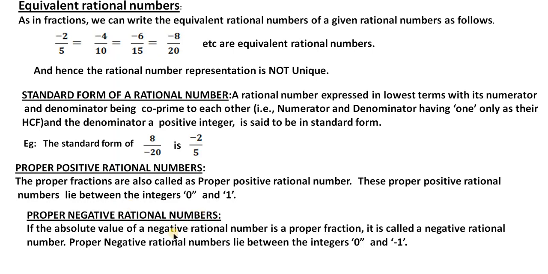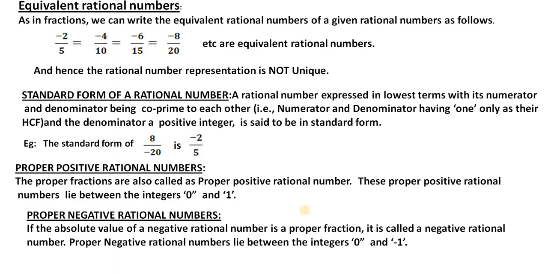Similarly, proper negative rational numbers. If the absolute value of a negative rational number is a proper fraction. Absolute value means without sign. So if you take a negative number, minus 7 by 8, the negative sign is there. 7 by 8 is a proper fraction because the numerator is 7, the denominator is 8, the numerator is smaller and the denominator is bigger.